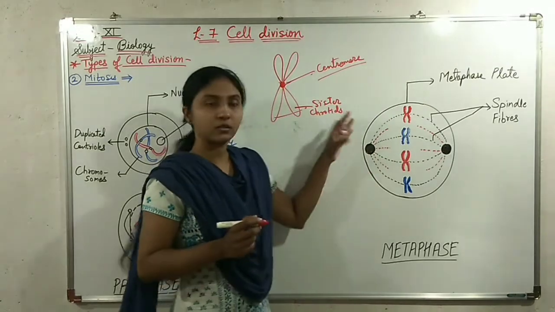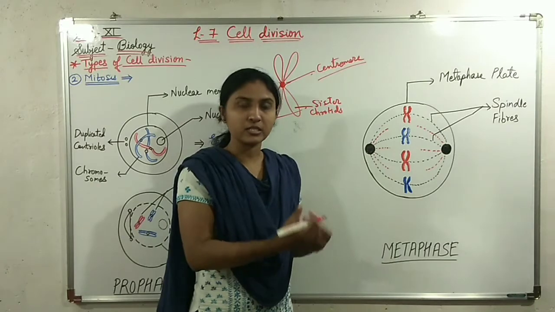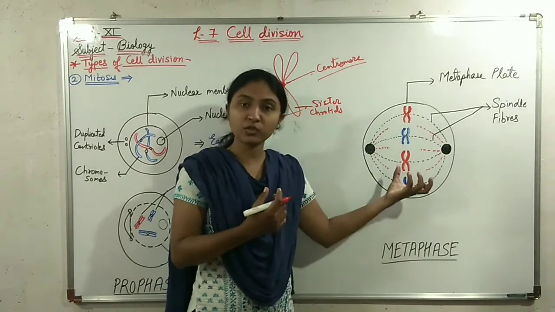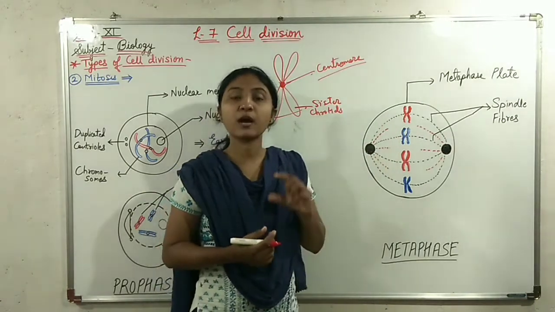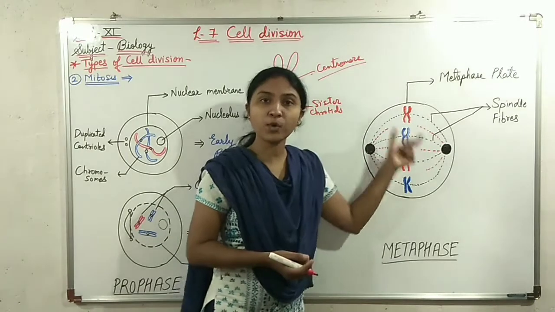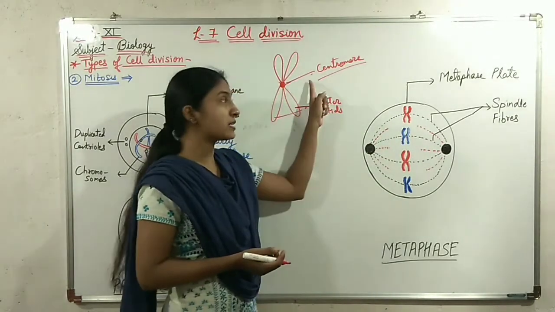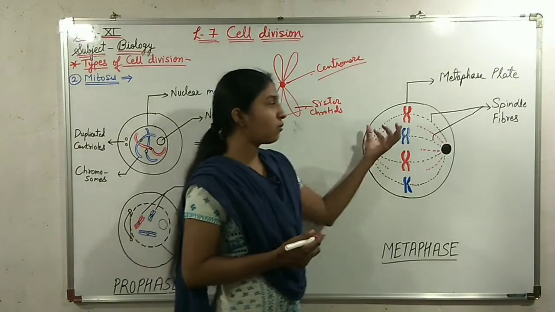The condensation of the chromosome is completed over here, and therefore the chromosomes appear short. But even if they appear short, they become very prominent. That is, the sister chromatids and the centromere can be seen.